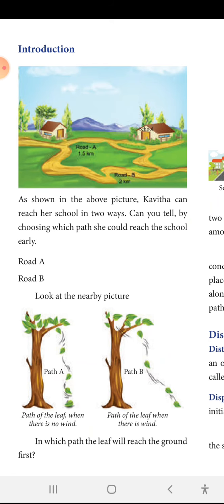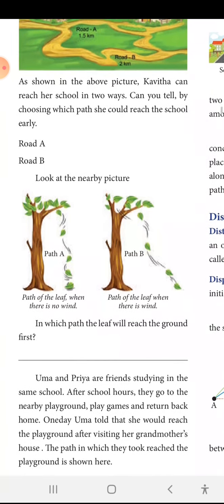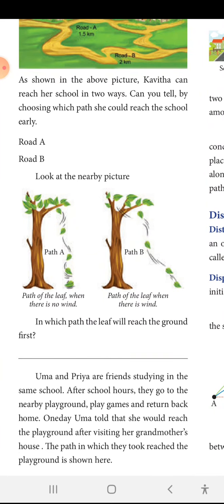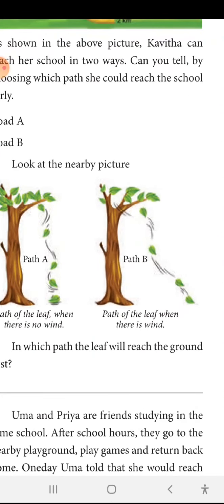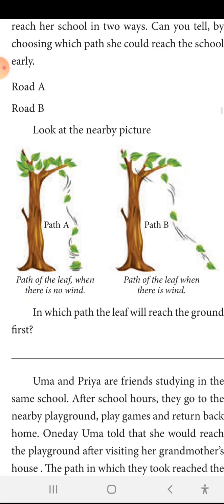And in the second picture, you can see two trees. Path A and path B are given for the leaves to fall, when there is no wind and when there is wind.